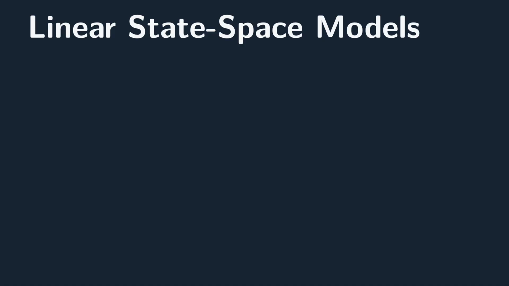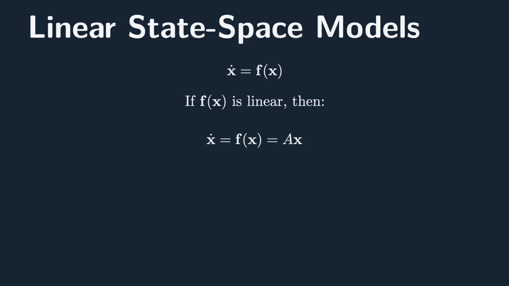The general state space form is x dot equals f of x. This means that the derivative of the state space vector is given by a function of the current state. If that function is linear, then it can be written as a matrix multiplied by a state vector. So in the linear case, we can write x dot equals f of x equals Ax.